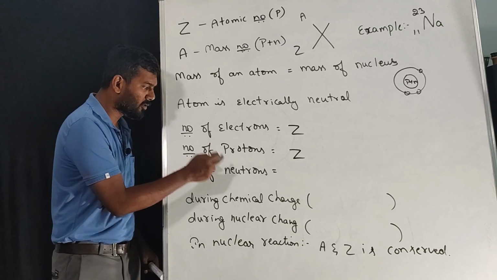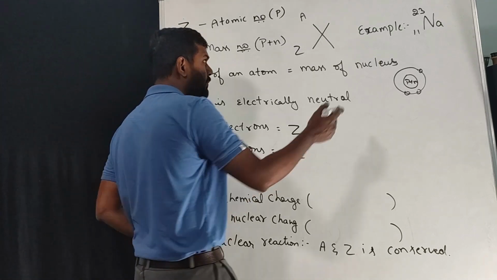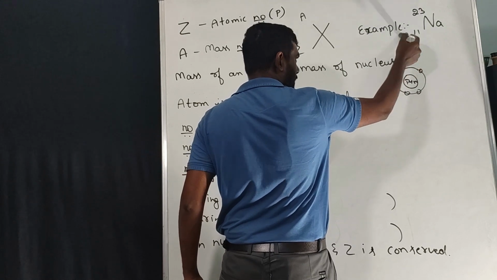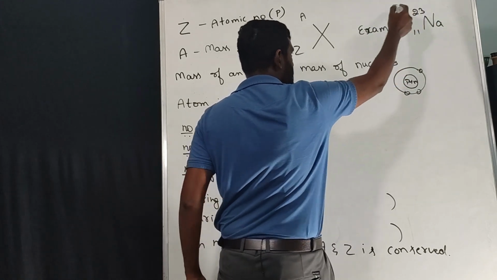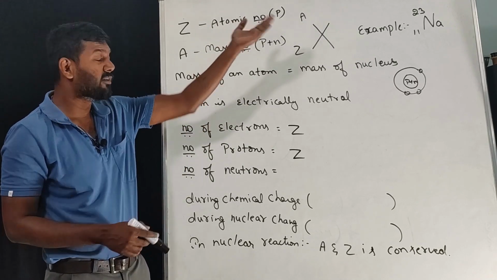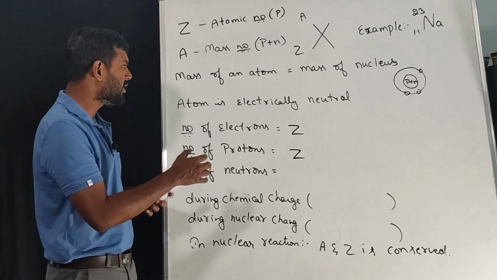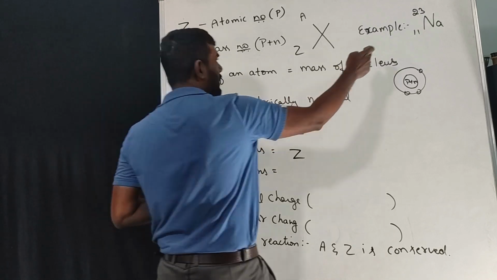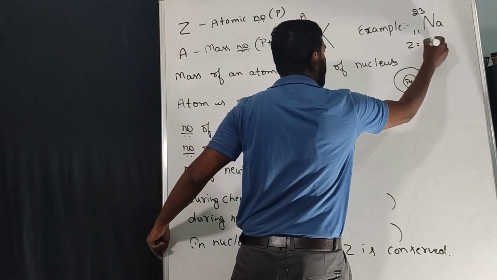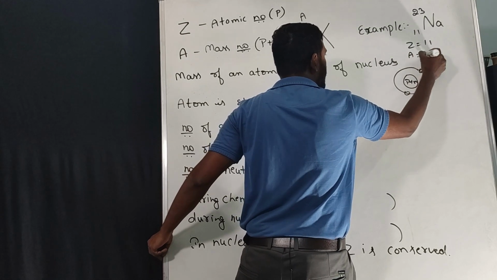Next, the number of neutrons. Here, the number of protons is the atomic number, and this is the atomic mass number. How do you find the number of neutrons from the given example? We know the Z value here is 11, and the A value here is 23.